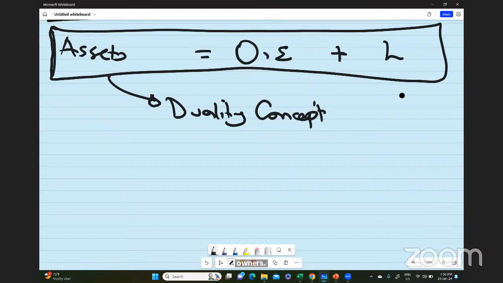Now, this is what we call the accounting equation. At all times, this equation, just like any other equation, must balance.